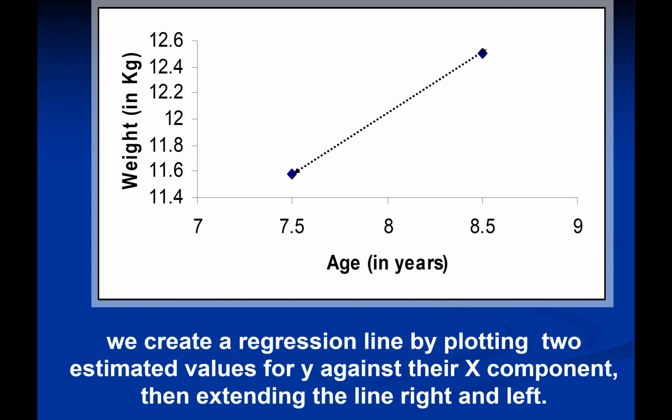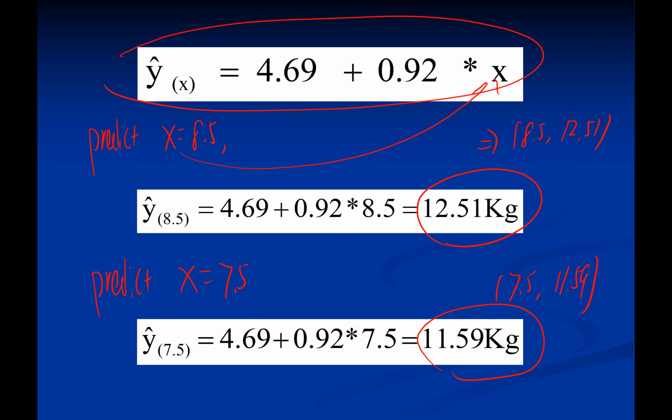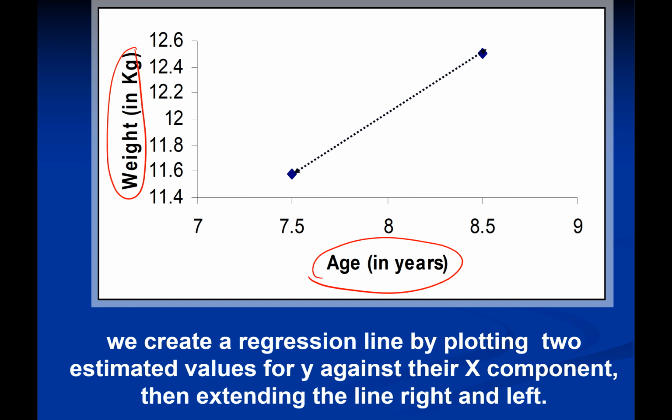Now you can just plot them on the Cartesian system, age on the horizontal axis, weight on the vertical axis. The first ordered pair is 7.5 and 11.59. The second ordered pair is 8.5, 12.51.